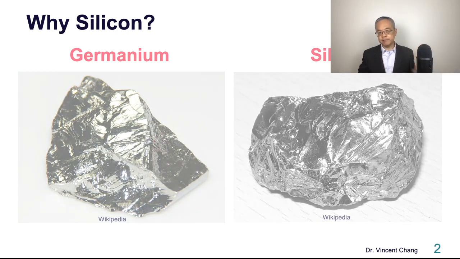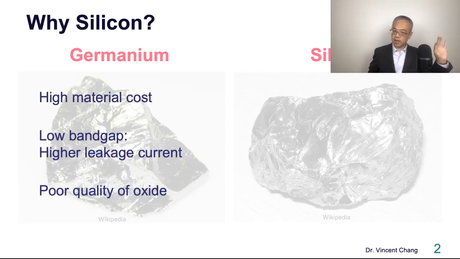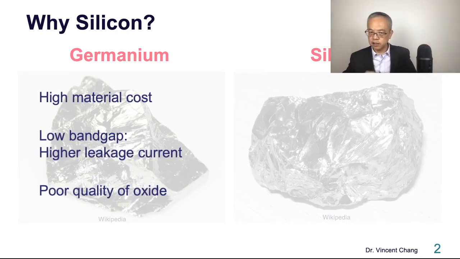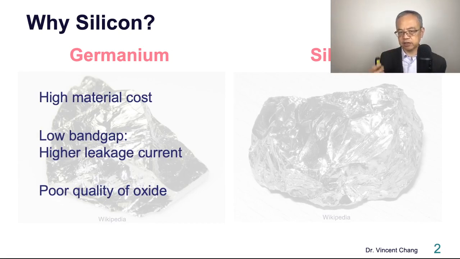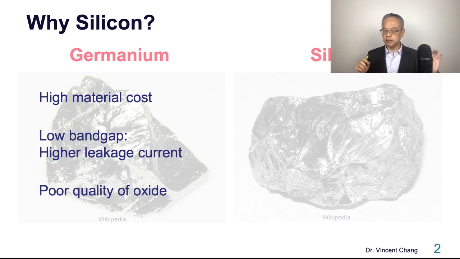Germanium has a high material cost and a low band gap, which means it will cause a higher leakage current, and poor quality of oxide, which means it's not suitable for the MOS, metal oxide semiconductor, device.